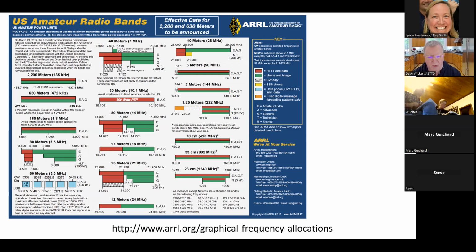Some of these bands were practical in the 1950s, 60s, and 70s. The HF bands were very popular in those days, but radio equipment didn't exist up into the 400 megahertz bands. Then over time, as radio equipment has gotten better, we've been able to use some of these bands.